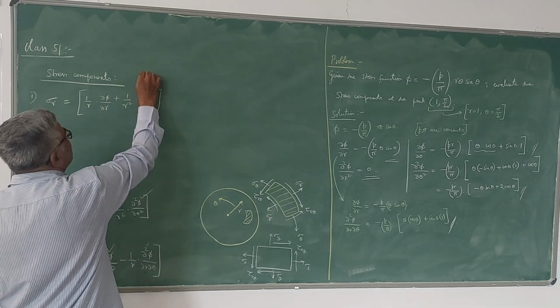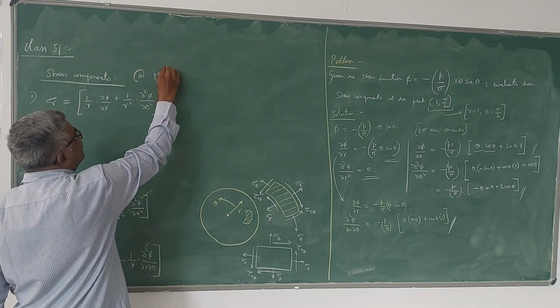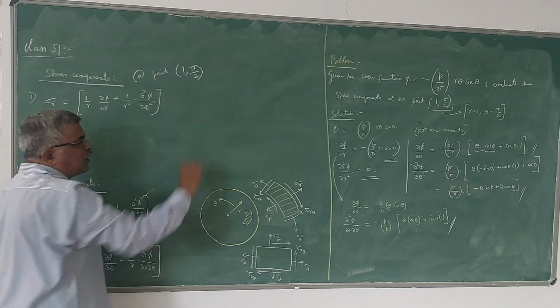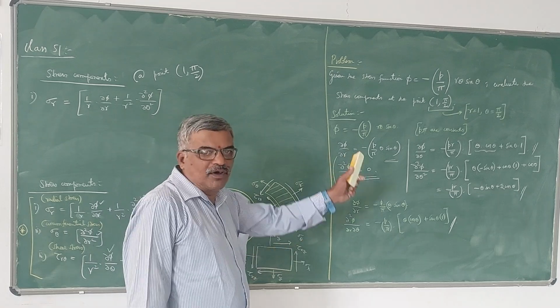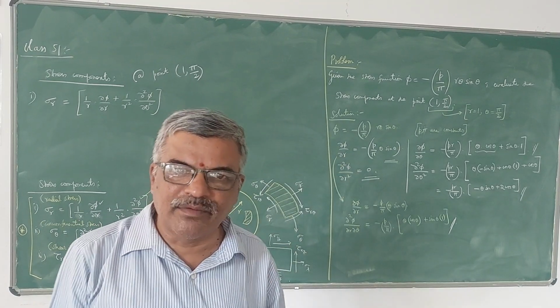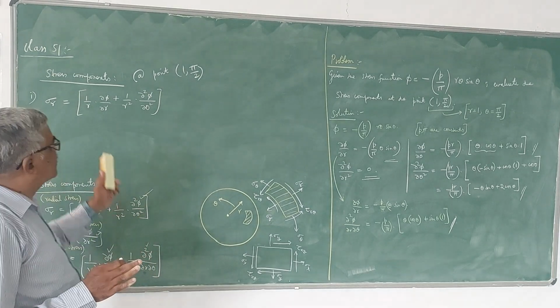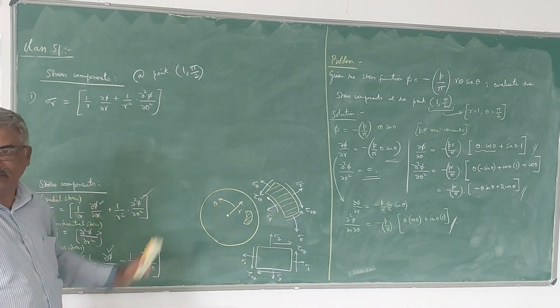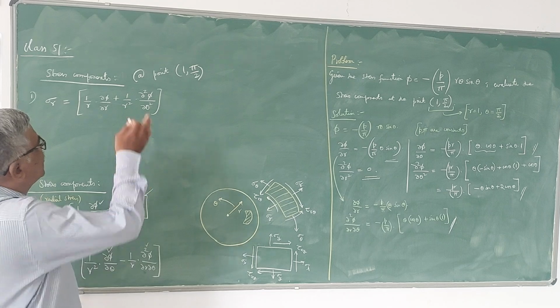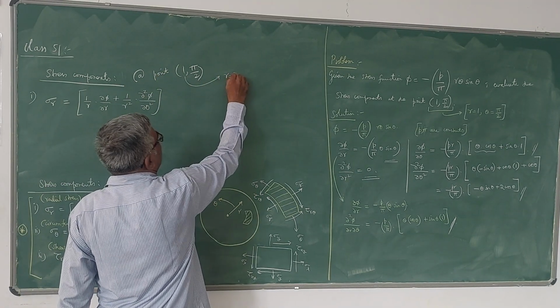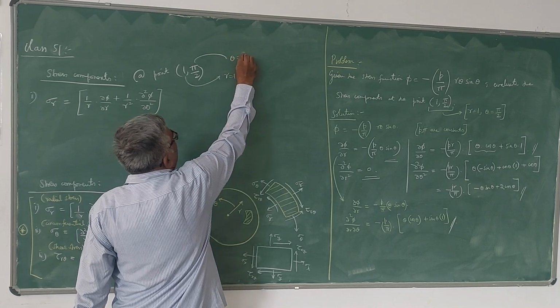I want the stress component at the point, what? 1, 5 by. If they give this point, you substitute for r, theta. Otherwise, if they simply ask to find the stress components, just substitute in this and leave it. That's all. Simplify and leave it. If they give the values, you have to substitute those values: r is equal to 1, theta is equal to 5 by.